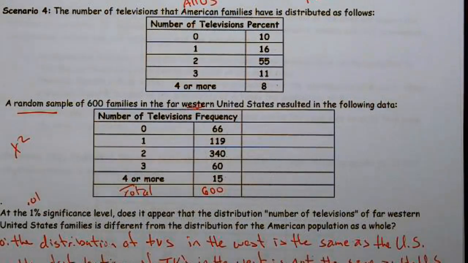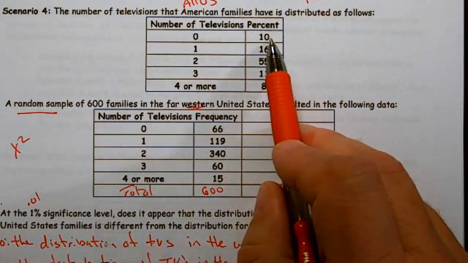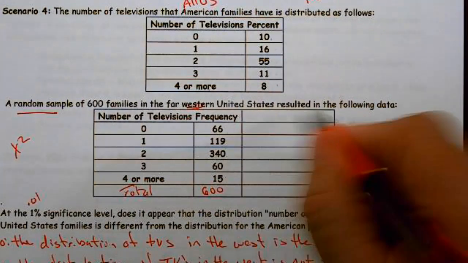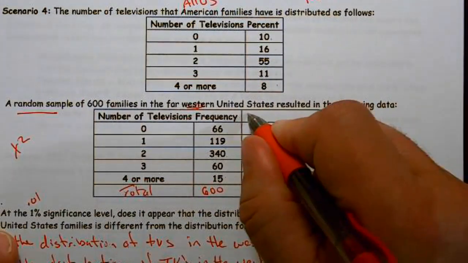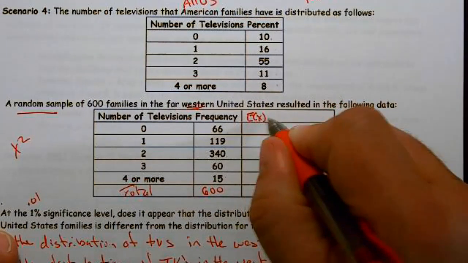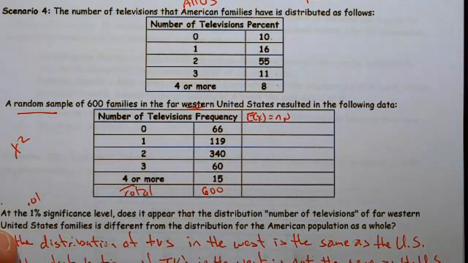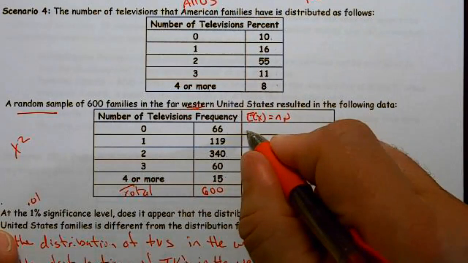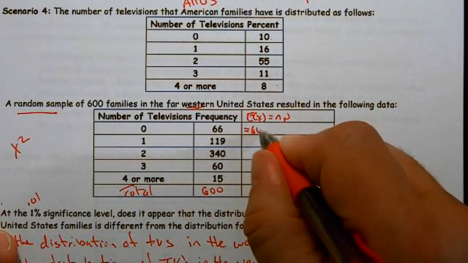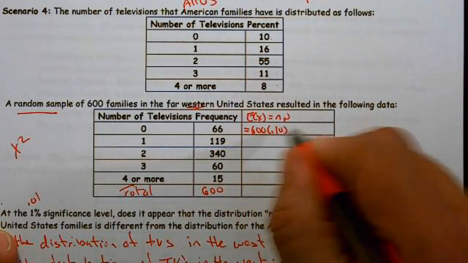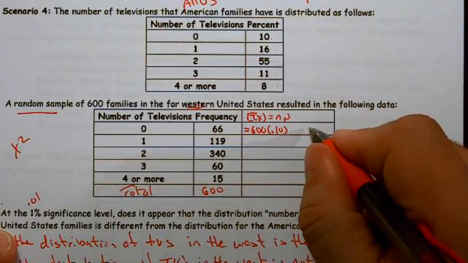And I have 10%. So expected value, remember, is basically np. So in this case, it equals 600 times 0.1. So we would expect there to be 60.